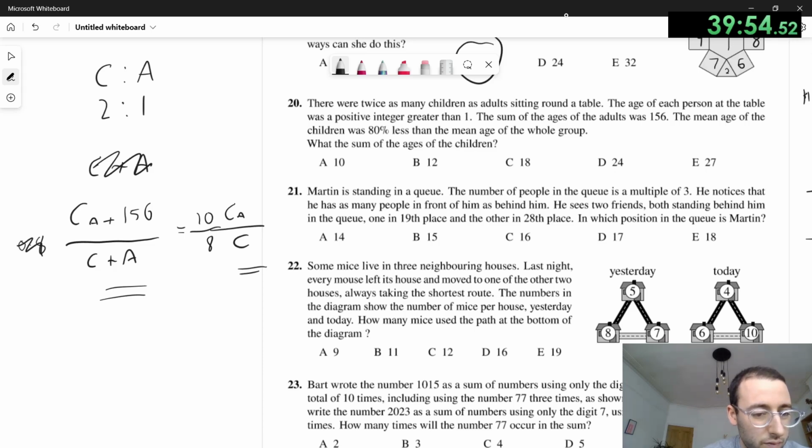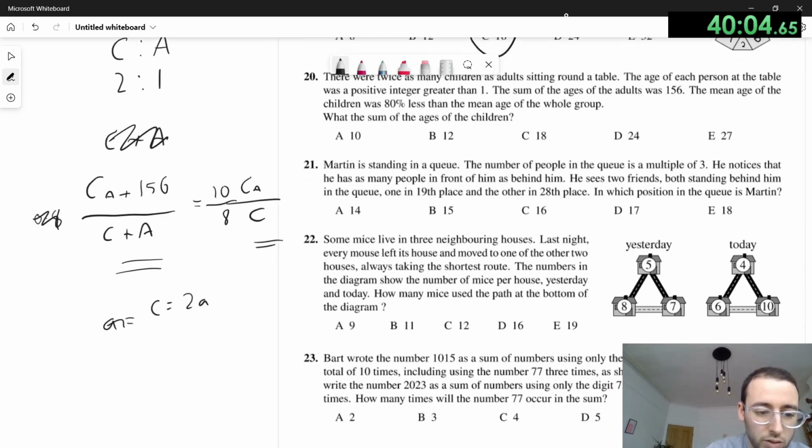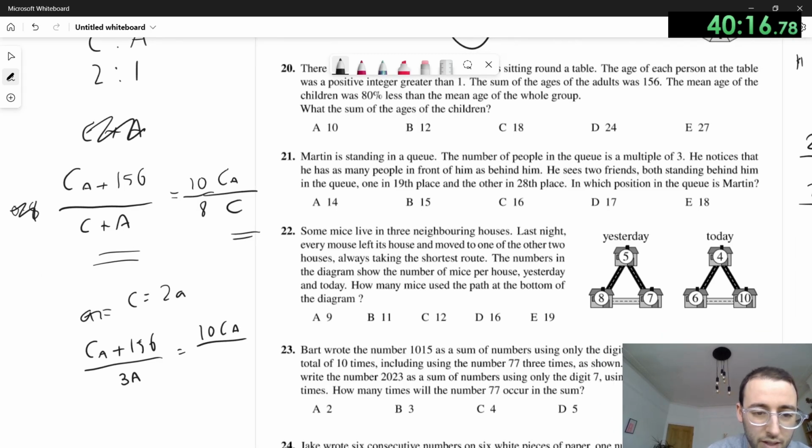So C equals 2A. So I've got C plus 156 over 3A equals 10C over 8A, and C is 2A.